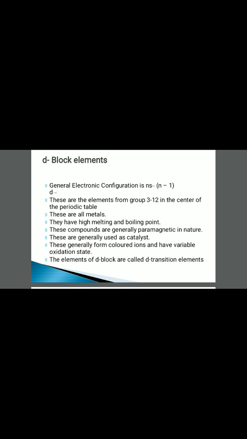They form both ionic and covalent compounds, and their compounds are generally colored and paramagnetic. They form colored complexes. Most important, most of the transition metals such as vanadium, chromium, manganese, iron, cobalt, nickel, copper, etc., and their compounds are used as catalysts. Most of the transition metals form alloys. All these points will be covered in much more detail in the class 12th syllabus.